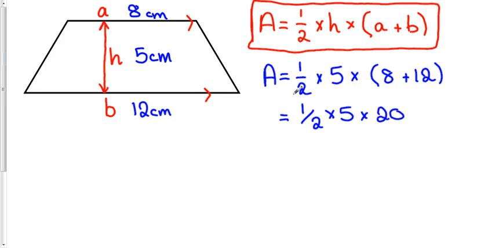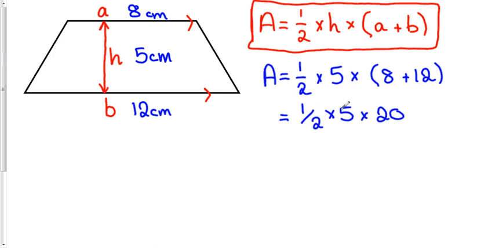Now the numbers here are still quite manageable, so I could do half times 5 for 2.5 and work out what 2.5 lots of 20 make, but it's probably easier for me to either do a half of 20, which is 10, and then multiply that by 5 to get 50, or to do 5 times 20, which gives me 100, and half that to get 50 centimeters squared.